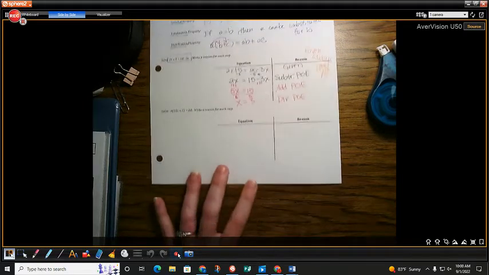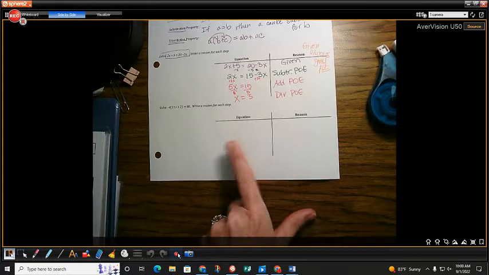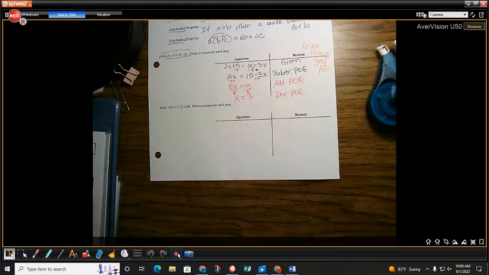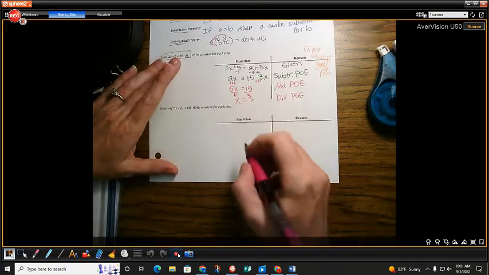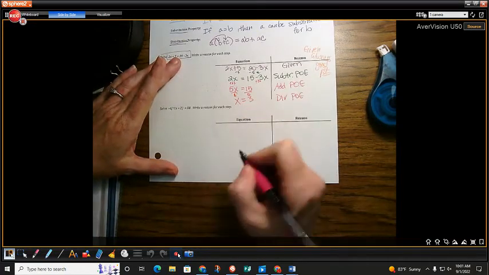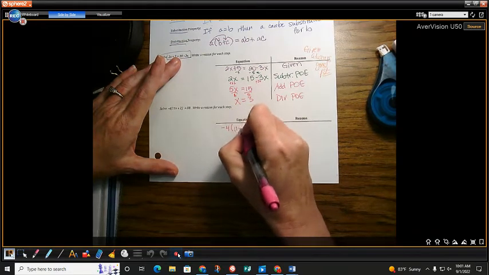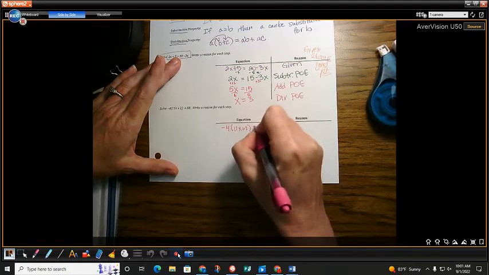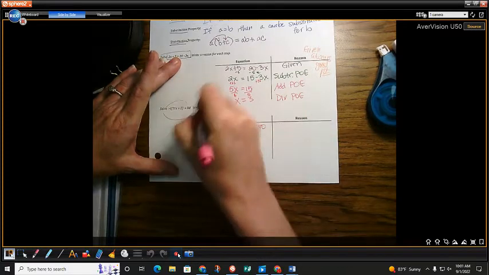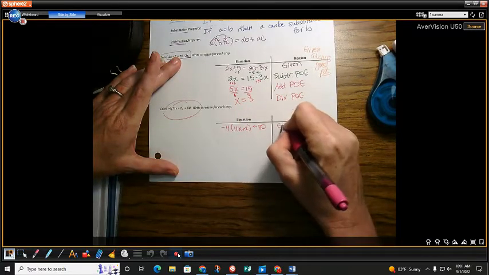Okay, I'm going to give you a couple of minutes. Attempt the next one. You can work together. Talk to each other about it. And so what you would probably do is you would write your given. So you would put 11x plus 2 equals 80 because that was what you were given as your problem.